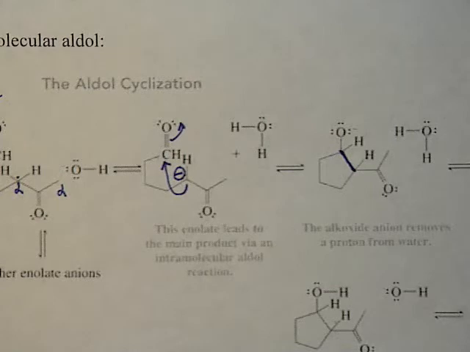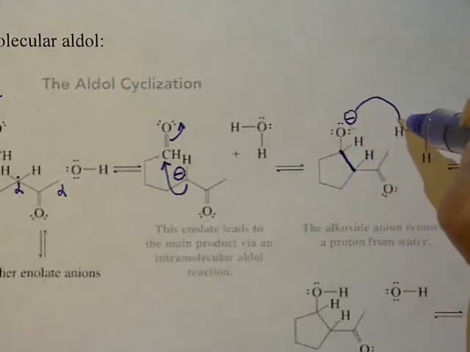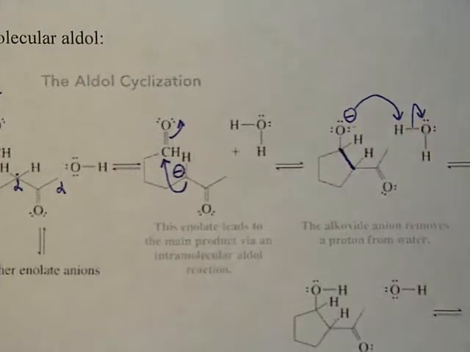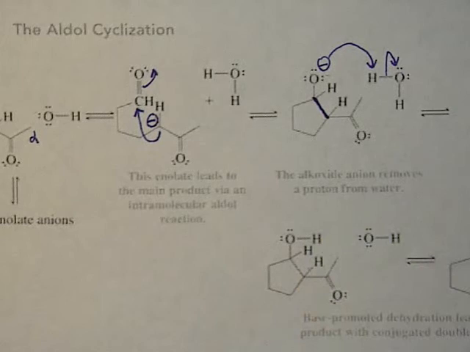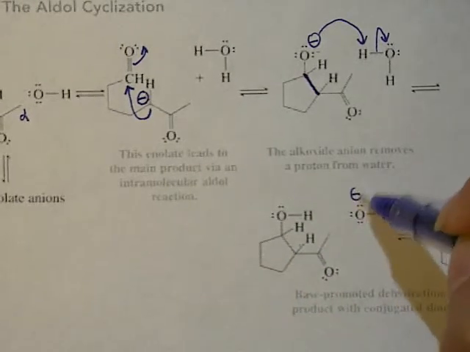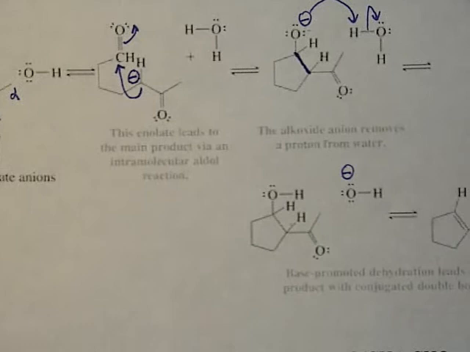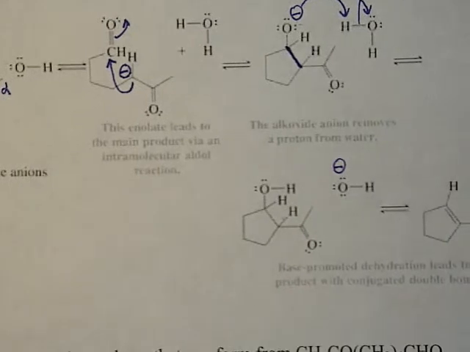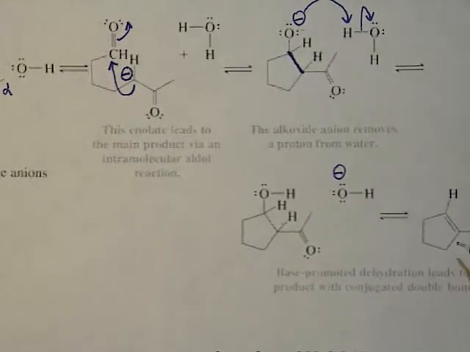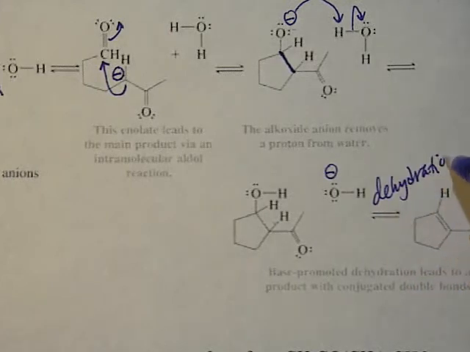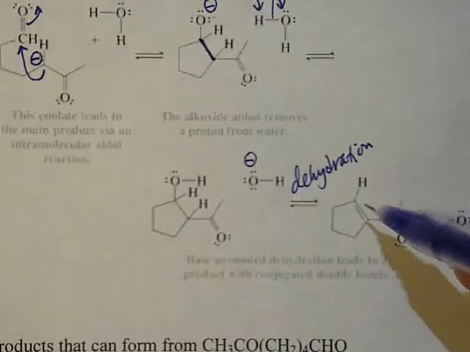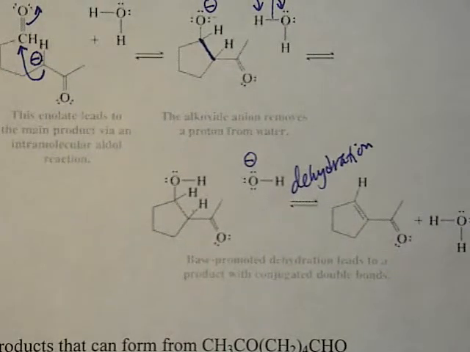Once that carbon bond is formed, you have a negative charge at this oxygen, which is going to grab a proton to form this aldol addition product. And if you allow this reaction to go further by heating it, then this will dehydrate. That's what is shown here, and the alpha beta unsaturated carbonyl product will be the final product.